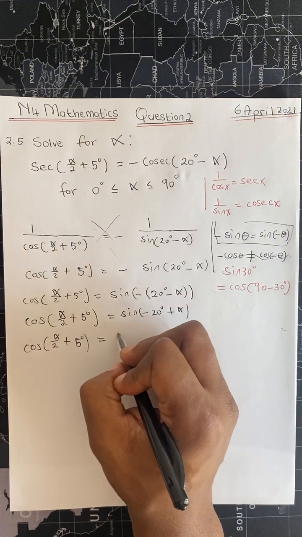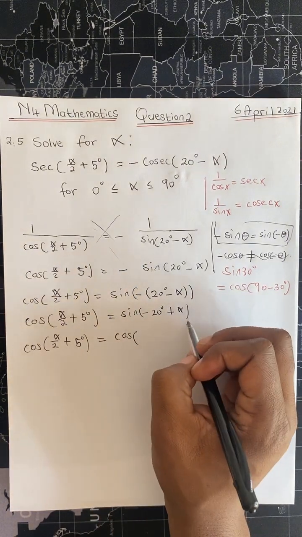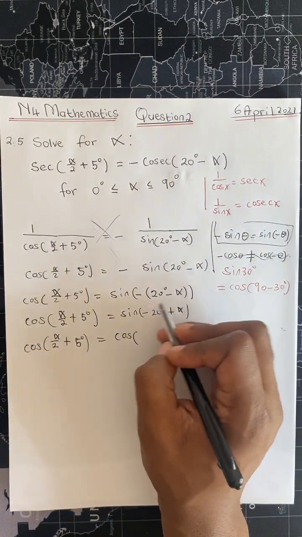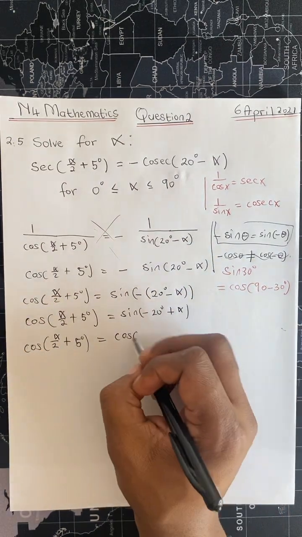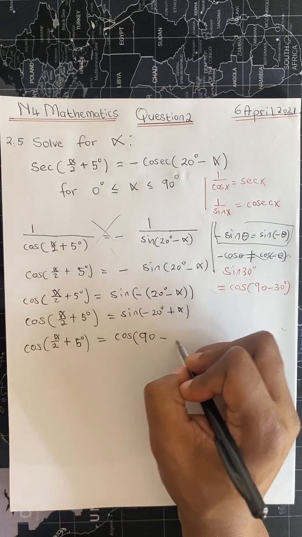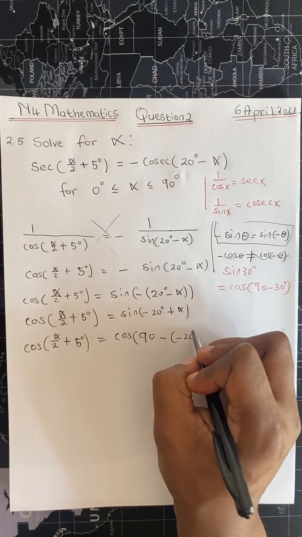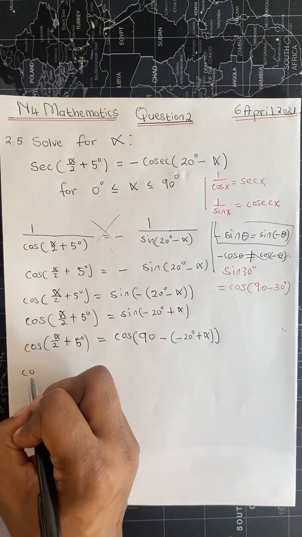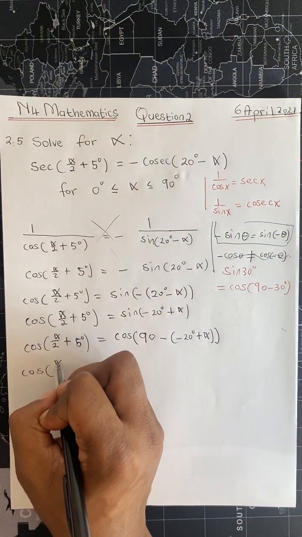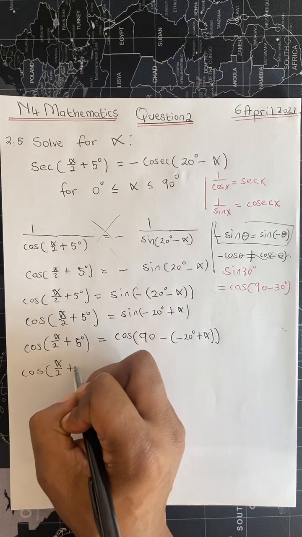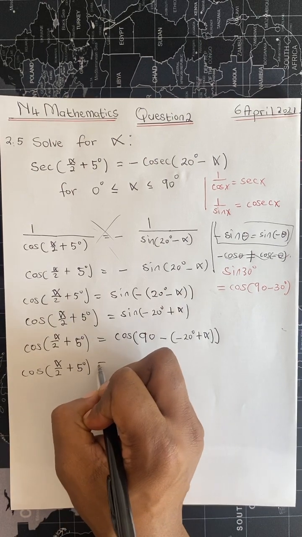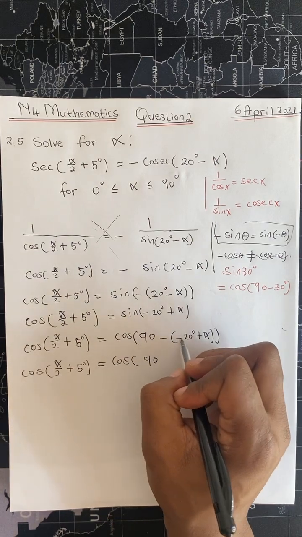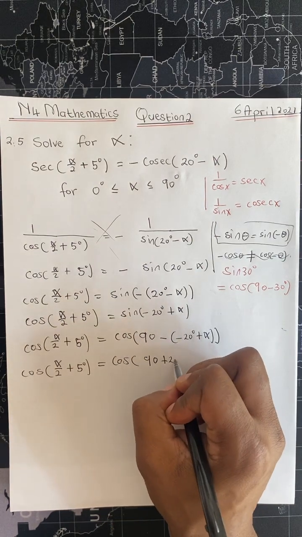So we can change this sine and write it as cos, but in order for us to do that, we have to subtract whatever is inside this from 90. So we have 90 minus negative 20 degrees plus alpha. This will be equal to cos of 90 degrees. This negative multiplied by that negative will be positive 20 degrees.